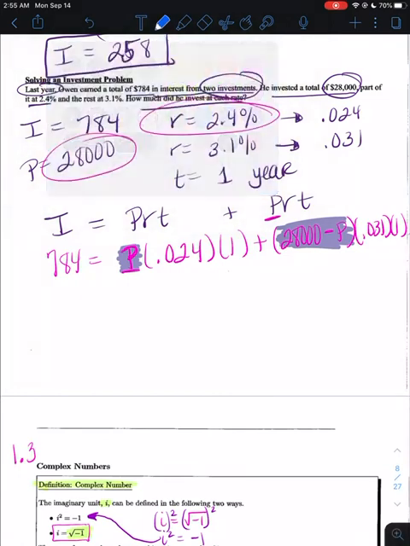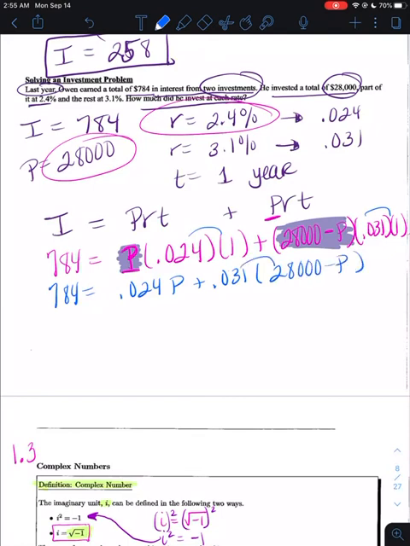All right, so let's solve this. 784 equals 0.024p, because when I multiply 0.024 times 1, the 1 doesn't change anything. This is plus, when I multiply 0.031 times 1, I get 0.031 times the parentheses.